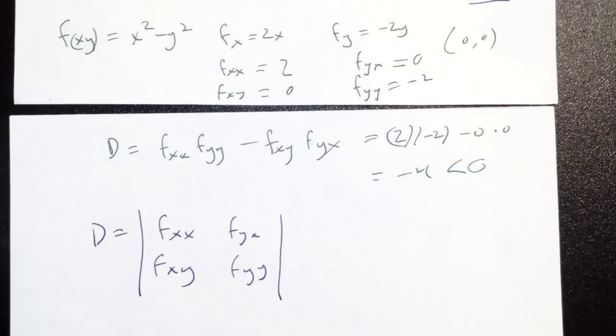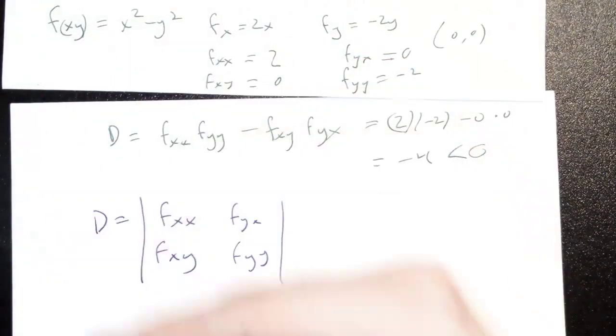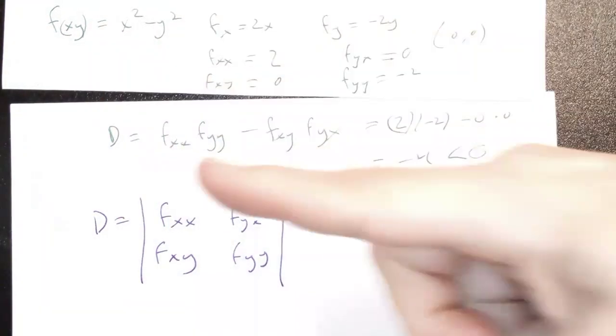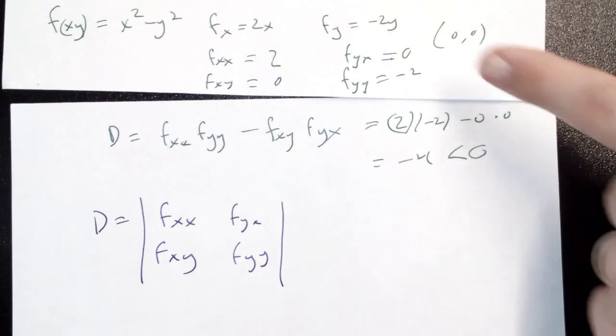AD minus BC. But the order matters. The first columns are the x derivatives first. The second columns are the y derivatives first. The first row are the x derivatives second. The second row are the y derivatives second. So your first derivative is by column, your second derivative is by row. But if I always remember it's xy and xy, that helps. XY and XY. And that's why I kept writing them in that order up there.